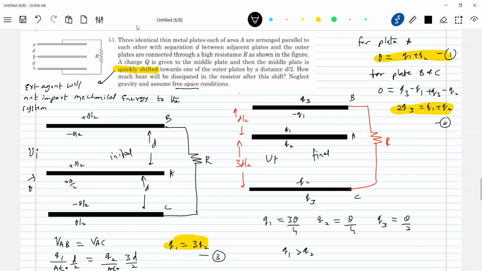After shifting, when I release it, there is no effect of the external agent, and then we can apply Ui = Uf + H. No, not like that. The moment it starts shifting, the redistribution of charge should occur, not after shifting. That would be totally the wrong way. The moment you start shifting, redistribution of charge will occur.